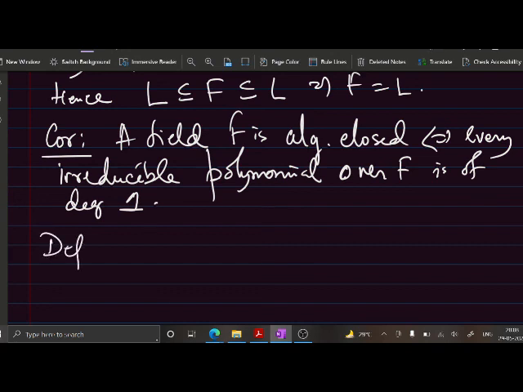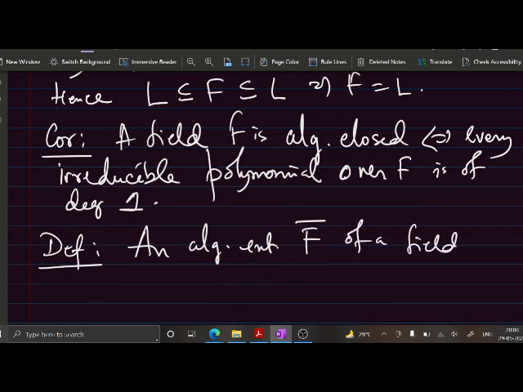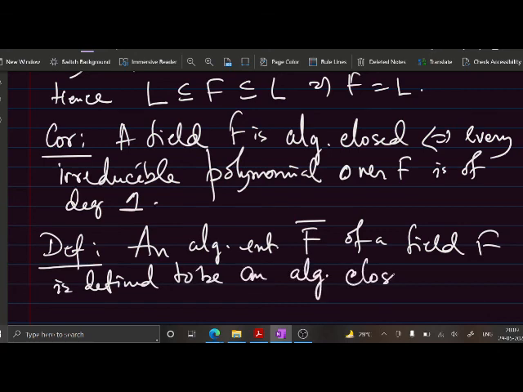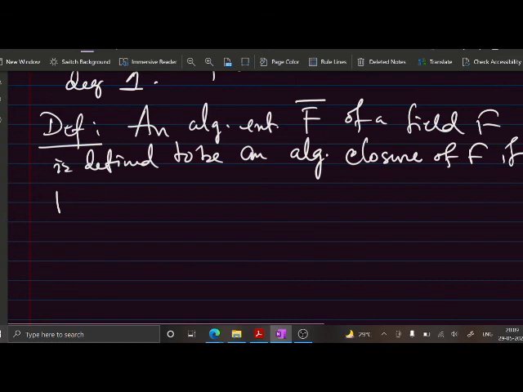So the definition is that an algebraic extension F bar of a field F is defined to be an algebraic closure of F if F bar is algebraically closed.